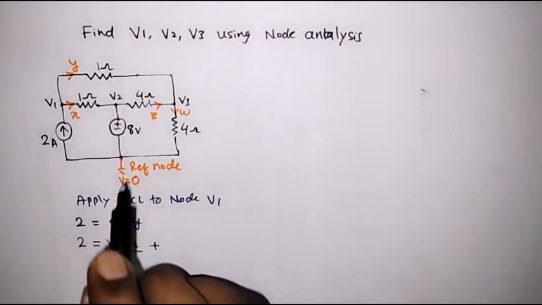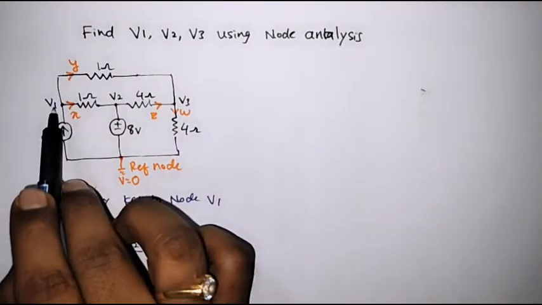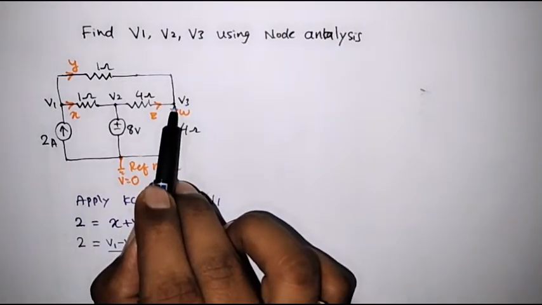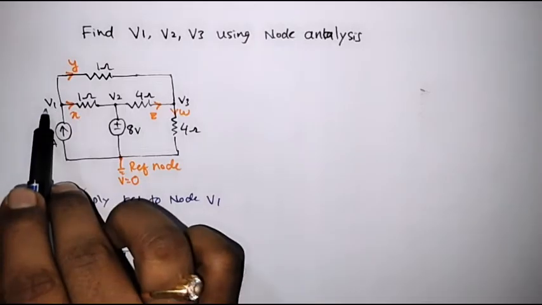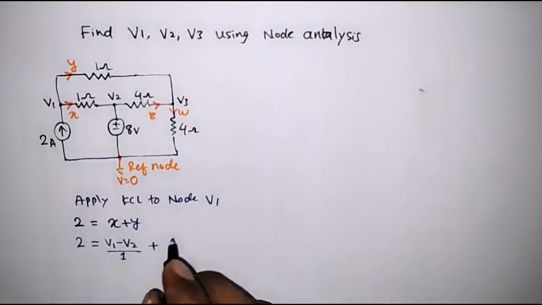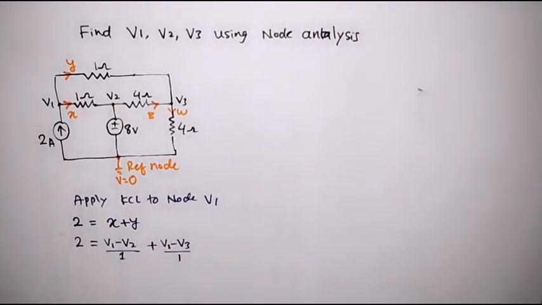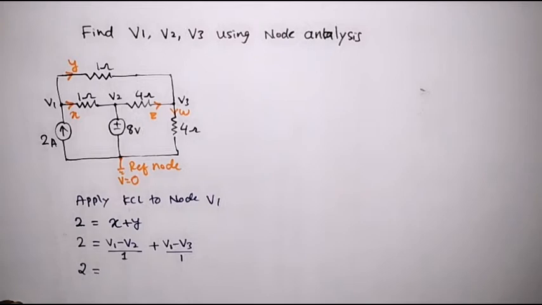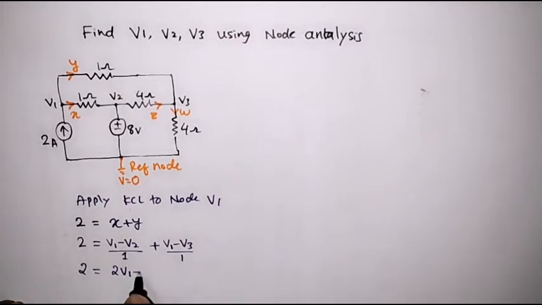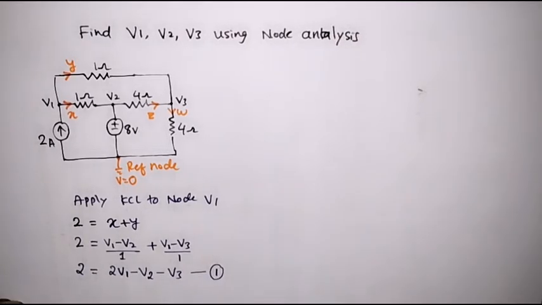Plus Y is the current which is moving from V1 towards V3, so it is the potential difference between V1 and V3 divided by 1, that is V1 minus V3 divided by 1. Simplifying this, I can write 2 is equal to V1 plus V1, which is 2V1, minus V2 minus V3. We'll call it equation number 1.